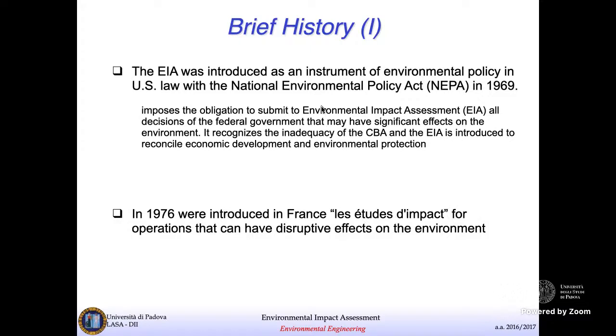The first implementation of environmental impact assessment legislation in the US goes back to 1969, with the National Environmental Policy Act, which imposed the obligation to submit environmental impact assessment procedures, EIA, for all decisions of the federal government that may have significant effects on the environment.